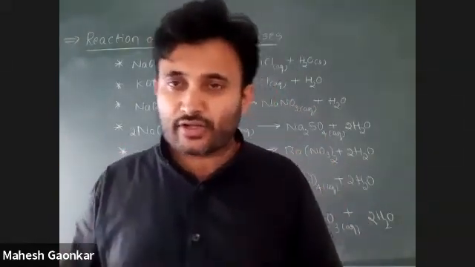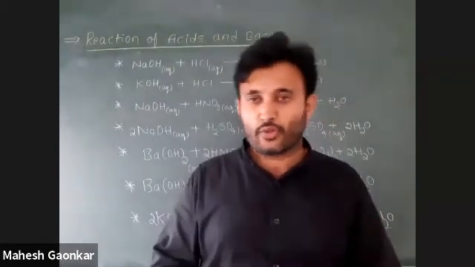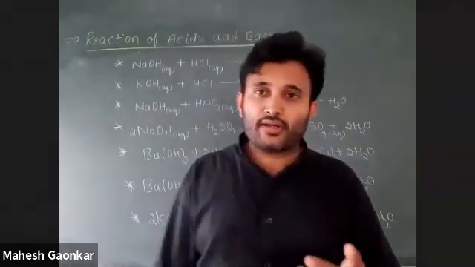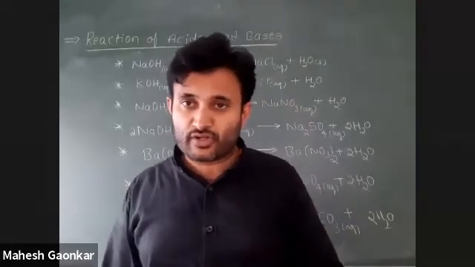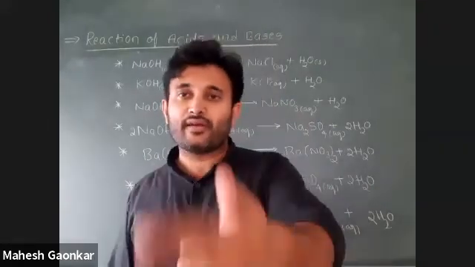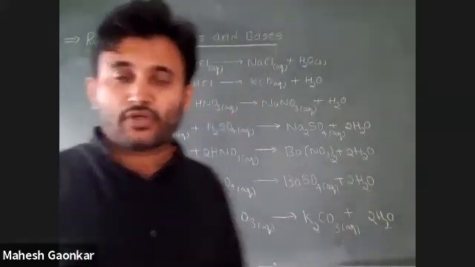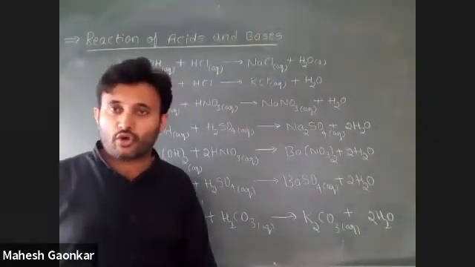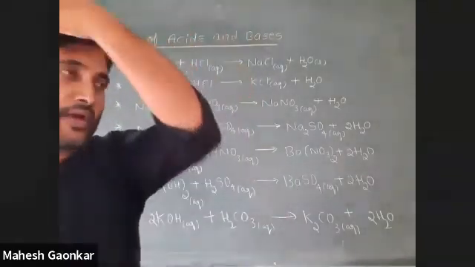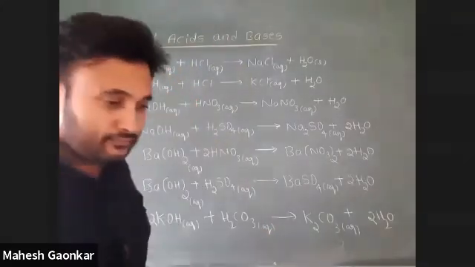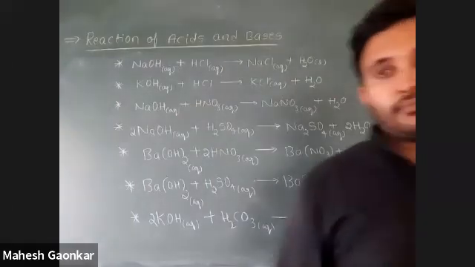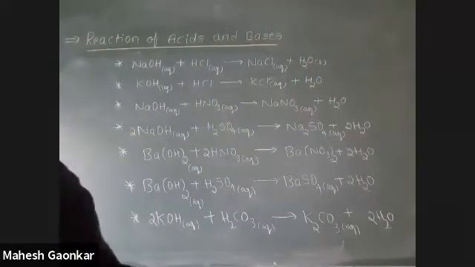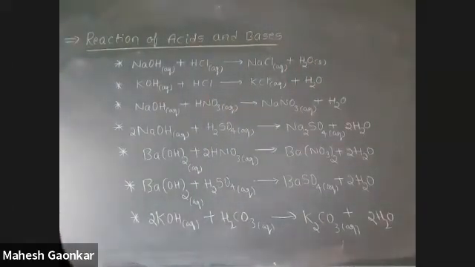Any strong acid you can take, any weak acid you can take. So now the question arises, sir, what are strong acids? What are strong bases? That is what we'll learn next. Next topic, strong acids and strong bases. Hope that's clear.